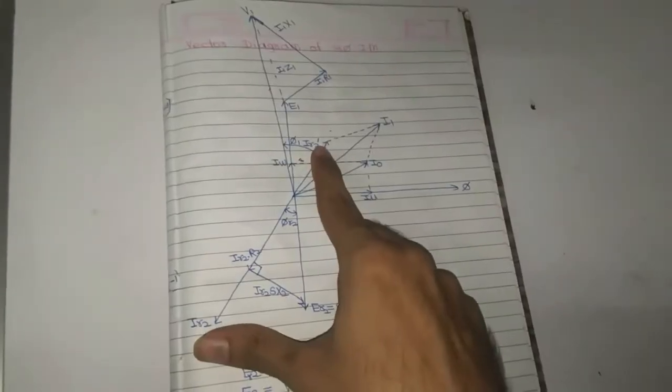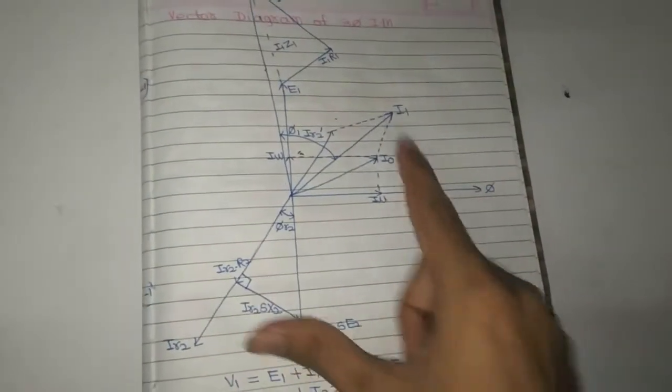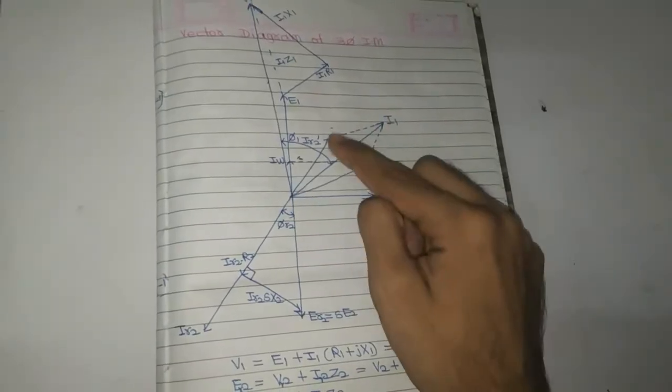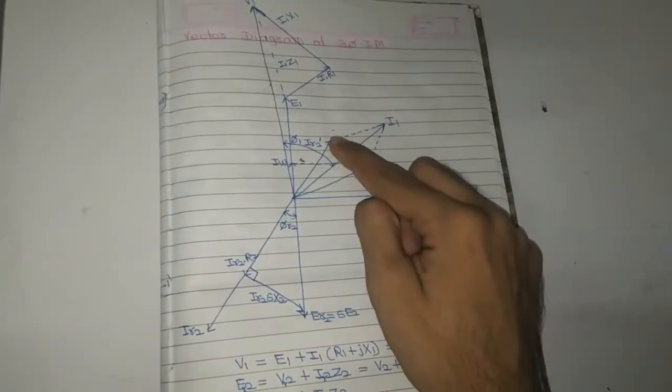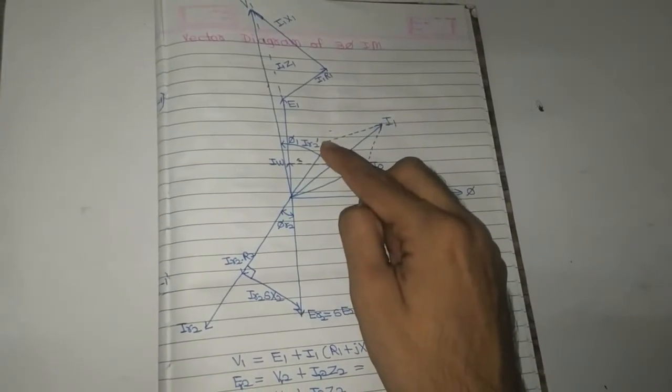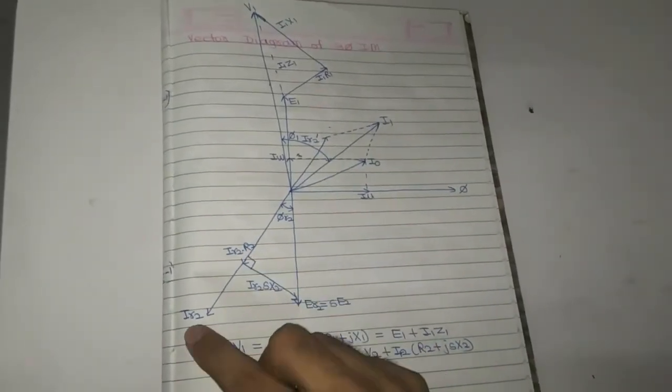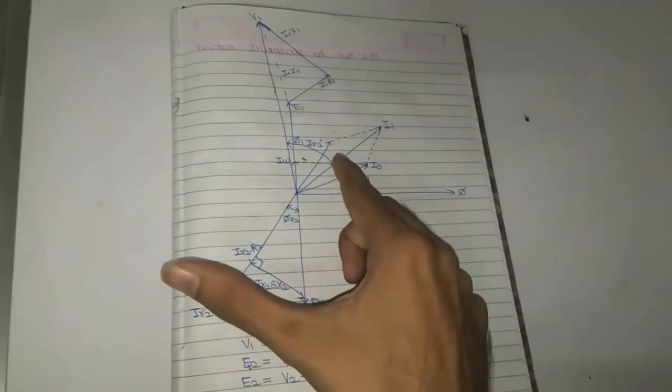By combining IR2 dash and I0 we get I1, the current flowing in the stator winding. Exactly opposite to IR2 dash, the current in the secondary starts flowing. So this is the IR2 current, exactly opposite to IR2 dash.